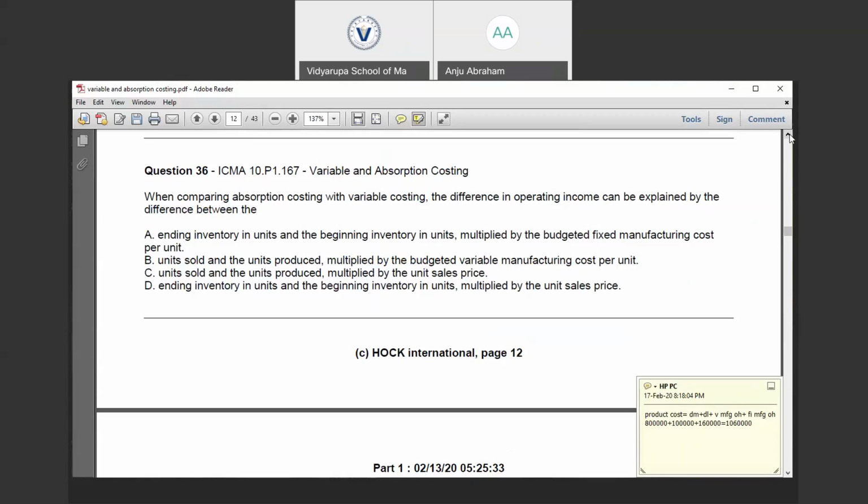Option C, units sold and units produced multiplied by the unit sale price. Option D, ending inventory in units and beginning inventory in units multiplied by the unit sale price. So what is the difference in the operating income caused by? Can you give me the answer?